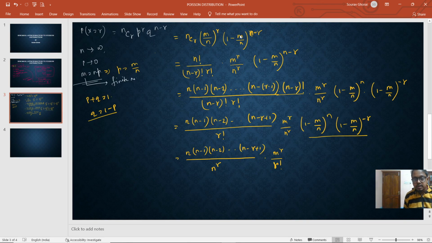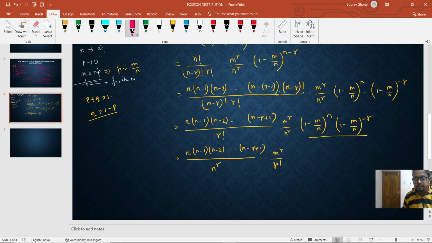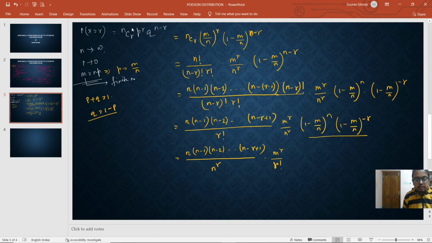As n tends to infinity, we can say that the limit as n tends to infinity of (1 - m/n) to the power minus r is equal to 1, as the limit as n tends to infinity of 1/n is equal to 0.